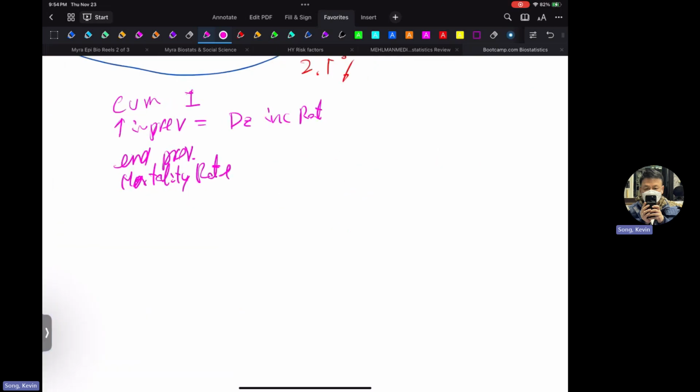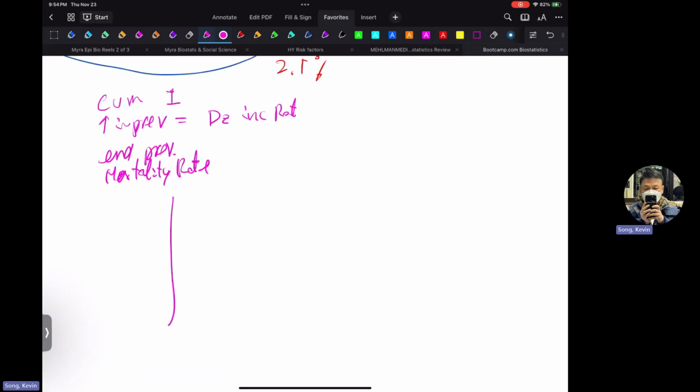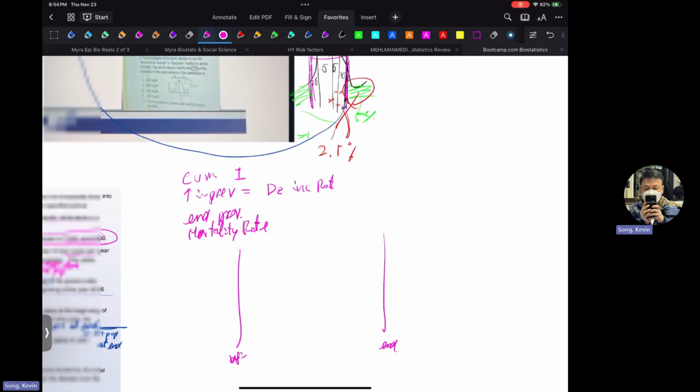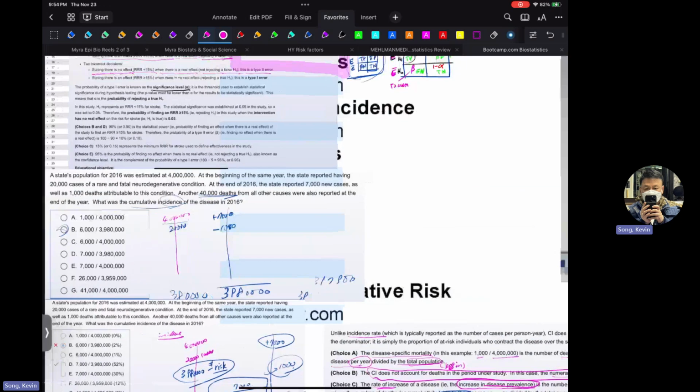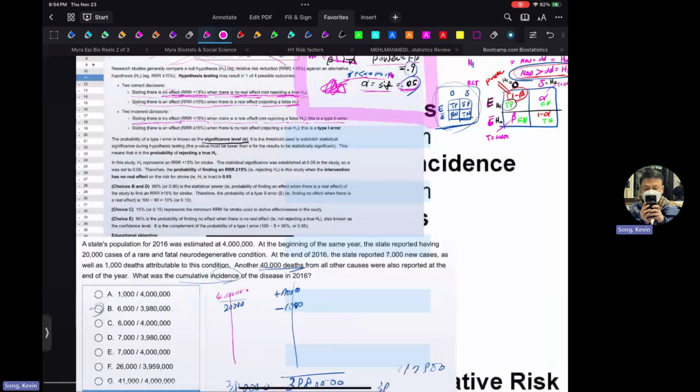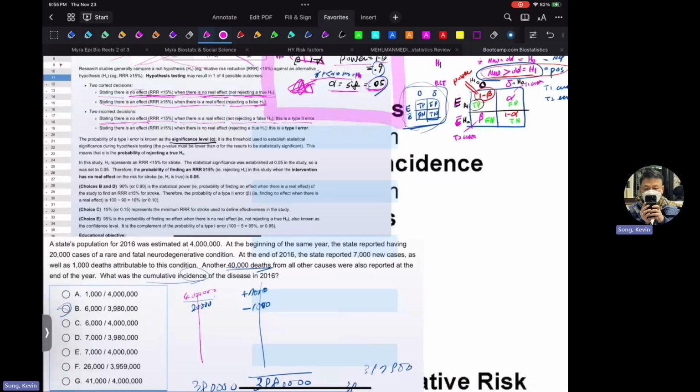Okay, so let me just draw the line here. Say this is the beginning of the year, and this is the end of the year. This example is probably easier to understand. The state at the beginning of the year has 4 million people. At the beginning of the year, 20,000 people already have a disease.